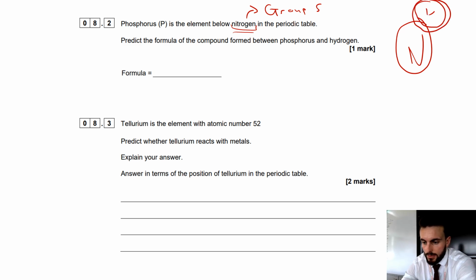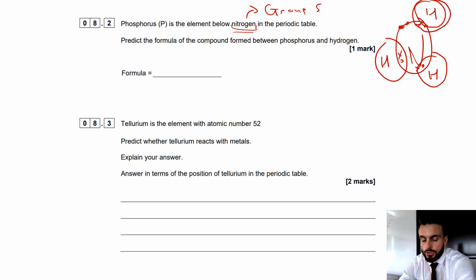So you're going to end up with 3 hydrogens around it, and then those 2 extra electrons on nitrogen, that's ammonia. You would assume it's in the same group, so it would react in exactly the same way. The formula for that is NH3. The formula for phosphorus reacting with hydrogen would be PH3.